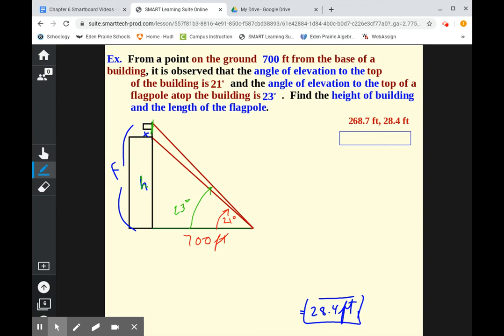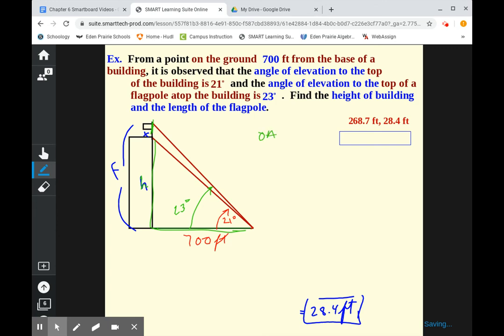So let's do it. Let's first find the height of the building. Again, using SOHCAHTOA, I have adjacent for the 700. That's this here. And the height of the building, that's opposite. So adjacent and opposite. And actually, I probably would have said opposite and adjacent. That's opposite and adjacent.